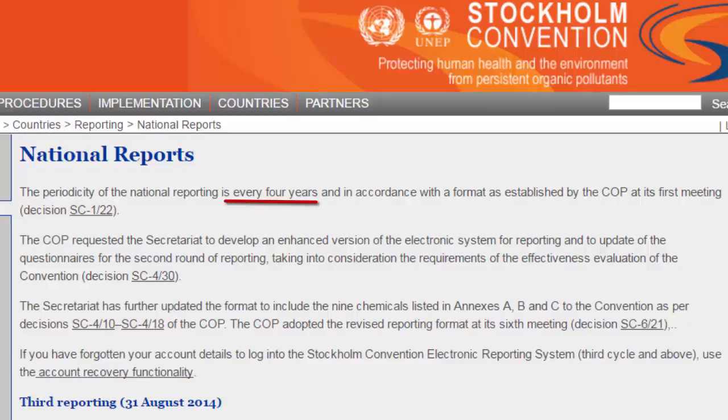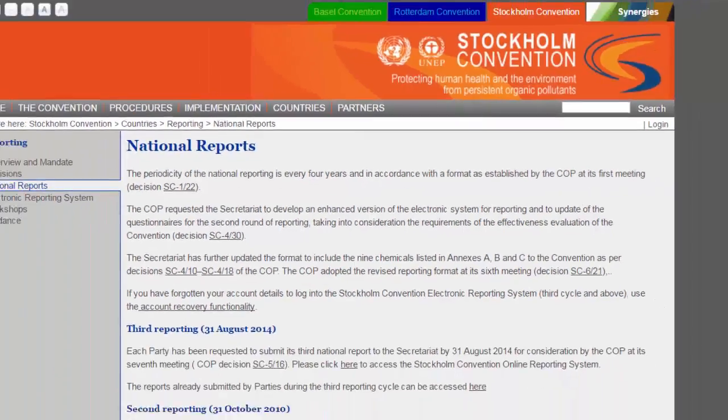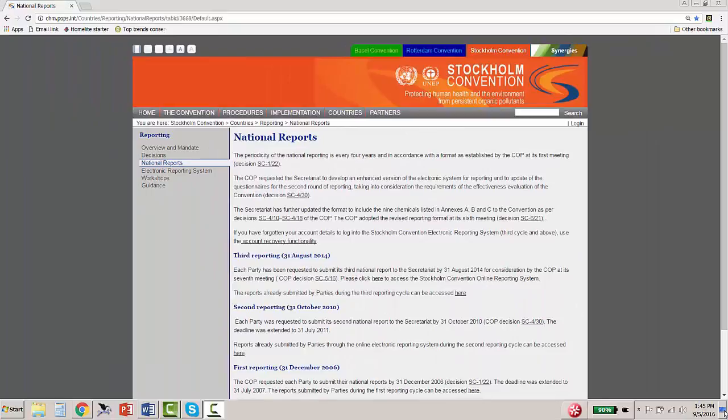UPOPs inventories provide information that must be included in the national reports, so parties are also revising and updating their inventories at 4-year intervals. Beginning with the second round of national reports, the reports follow a format that includes summaries of the revised and updated inventories rather than the complete inventories themselves.